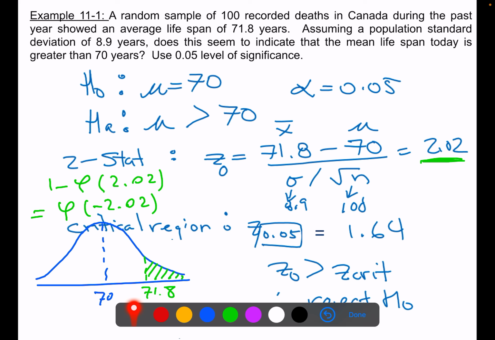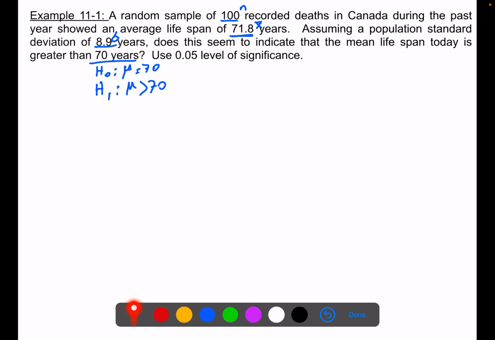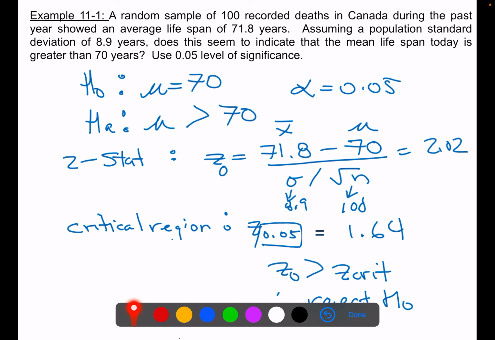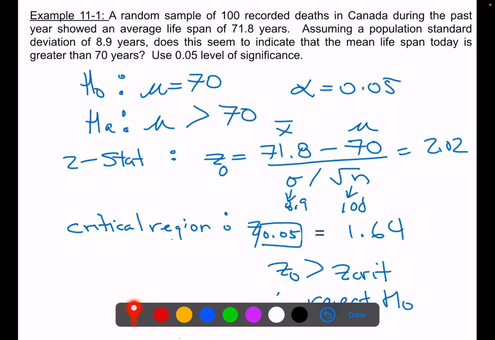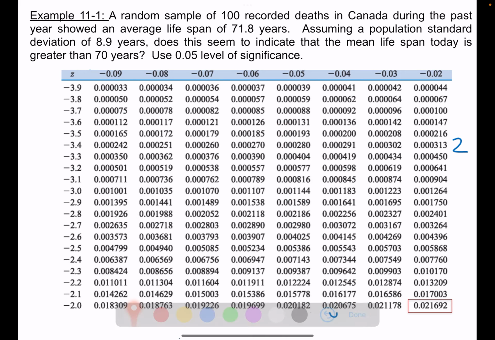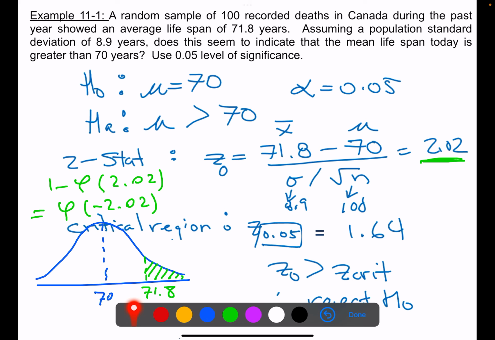Okay, so when I look at the table, these two values, let me go to the next. Where's the table? Yeah, here. So it's 0.021.